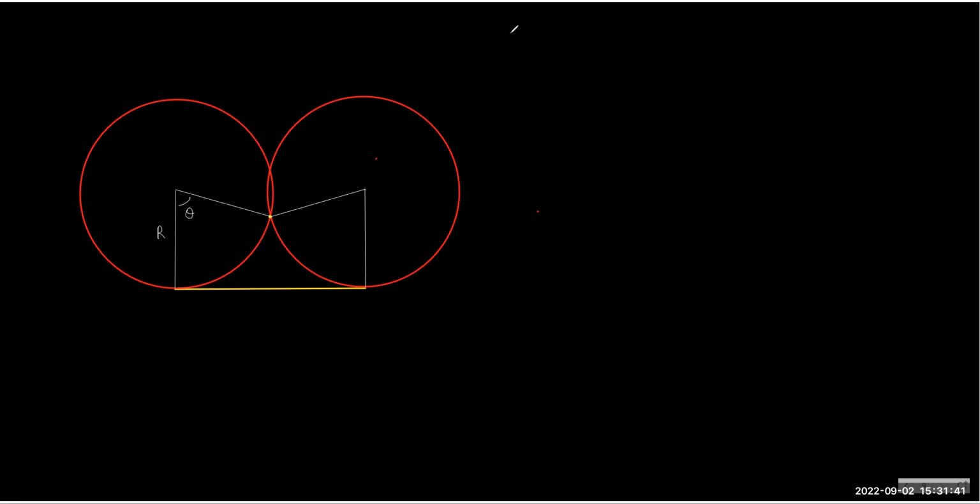And the new radius will be how much? D. Yes. And this is d by 2, right? Because they will meet at the line of symmetry only, right? Always. So d sine theta is d by 2, isn't it?